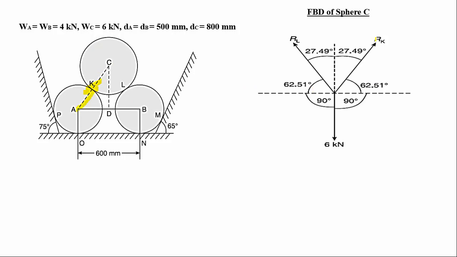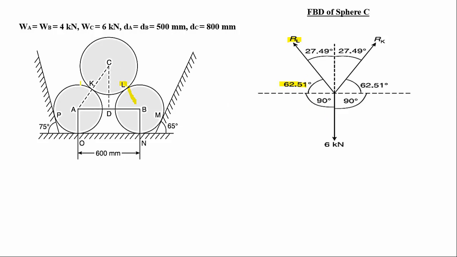That is RK, which is inclined at an angle of 62.51 degrees with respect to horizontal. Next, at point L reaction develops. We have taken it as RL, and the angle will be 62.51 degrees.